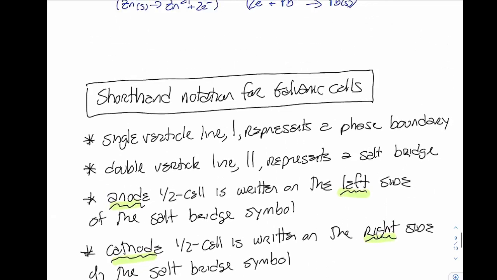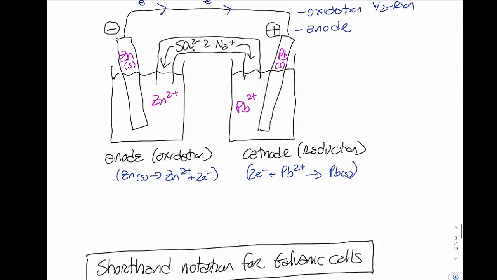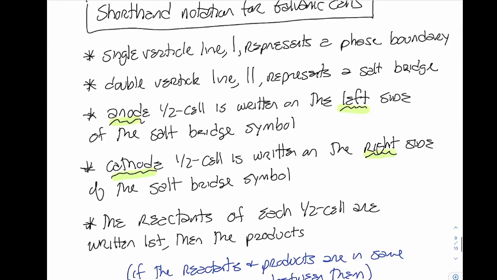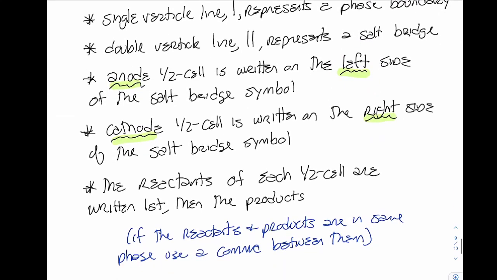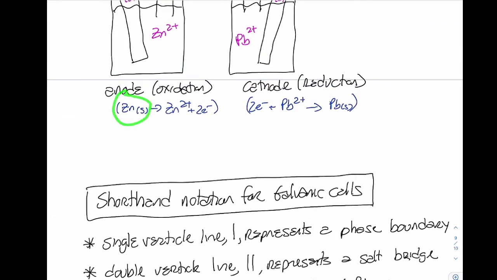So let's go up and write our shorthand notation for the one we just did. I'm going to have my anode first, because my anode goes on the left of my salt bridge symbol. I'm going to write the reactant first, followed by the product. So if I go back up, my reactant is zinc solid. My product is zinc 2+, which is an aqueous solution. Those are different phases.